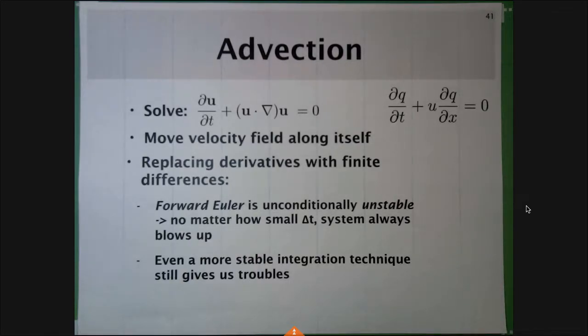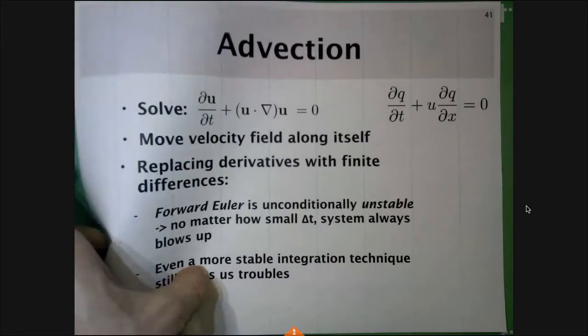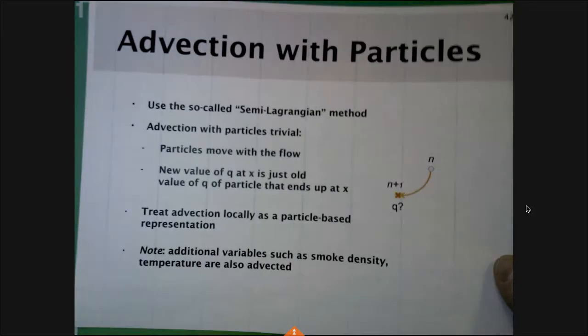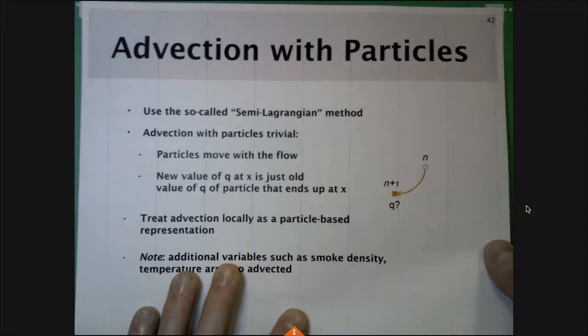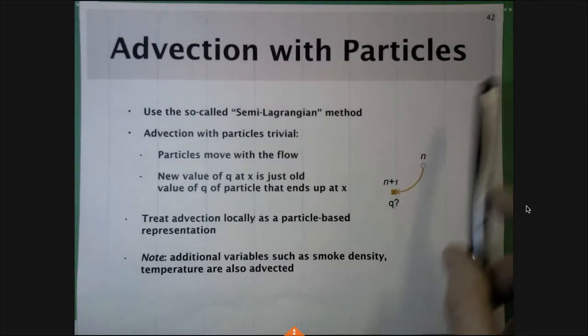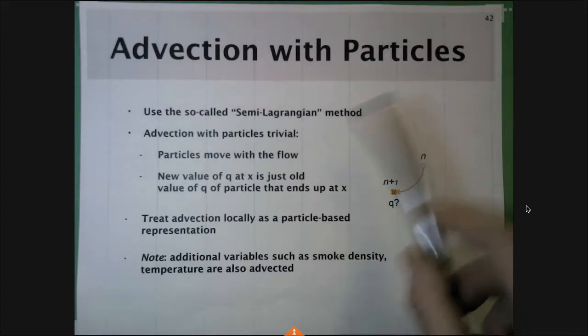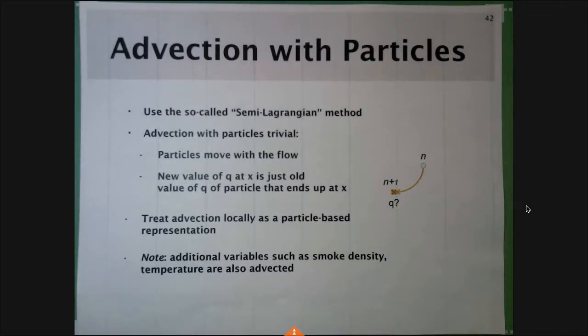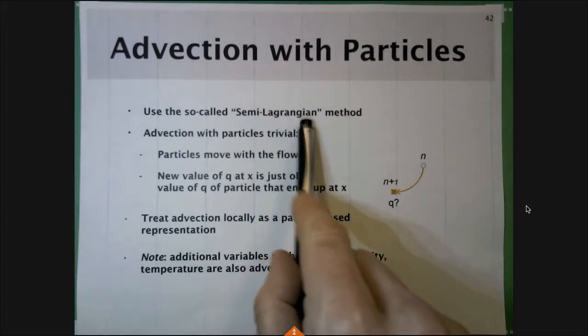So that's why people, specifically Jos Stam, developed a different advection algorithm called semi-Lagrangian advection, which is a sort of cool idea. It was 1999, Stam's Stable Fluids paper, a very cool paper, which I think made these efficient graphics fluid simulations possible. So what is the idea of the semi-Lagrangian method?